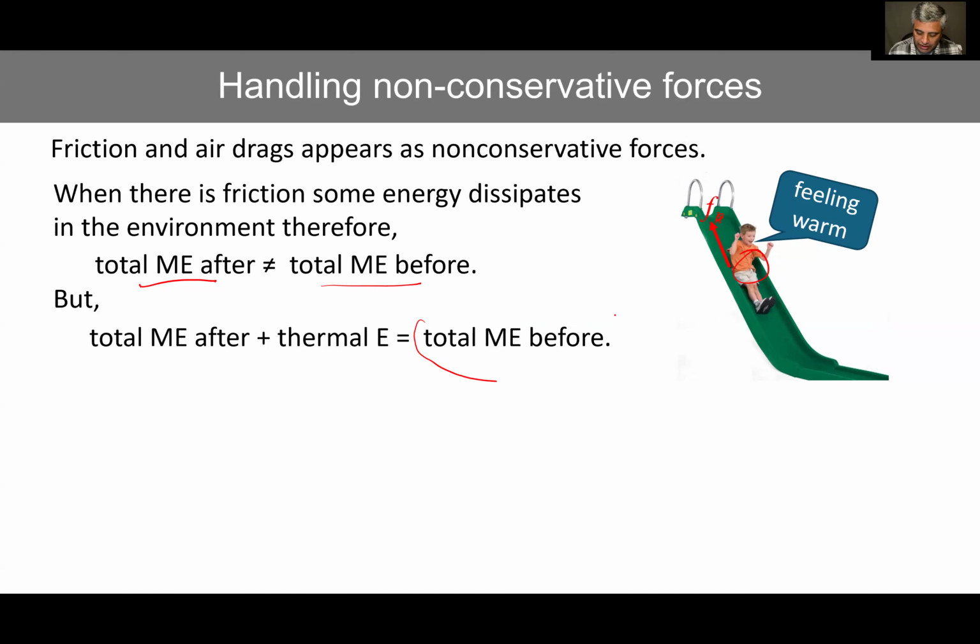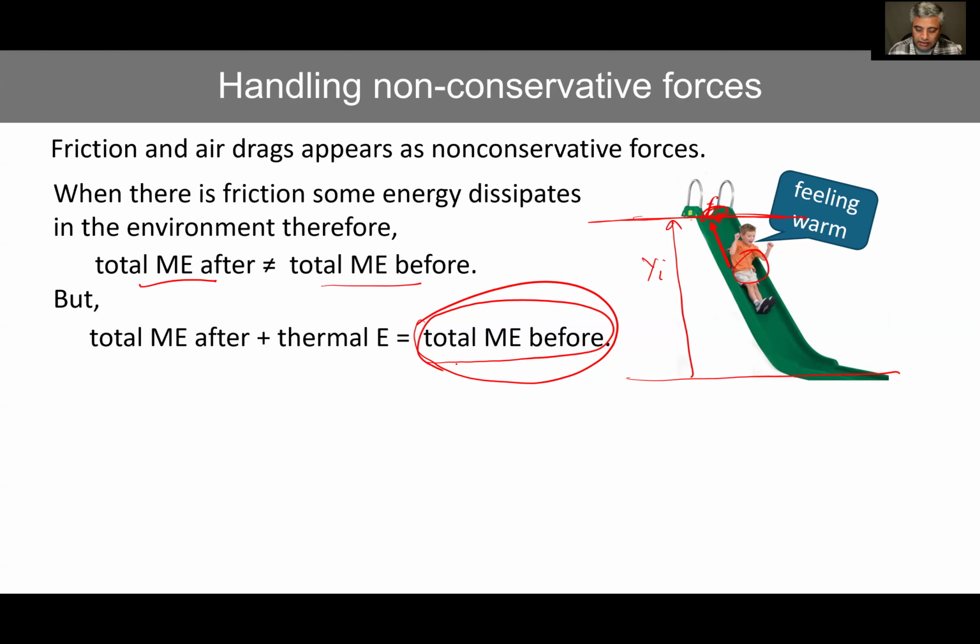So at the beginning, this kid has potential energy. The kid is not moving at the beginning. So all the energy this kid has is because of this initial position over here. So all the energy is just potential energy, actually. Kinetic energy is zero. Now, at the end, what happens? All the energy is kinetic energy.